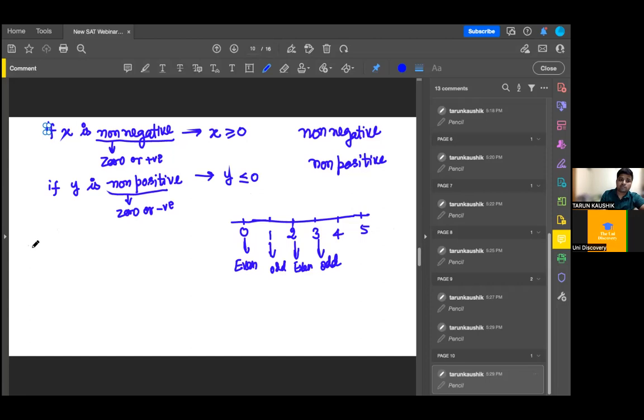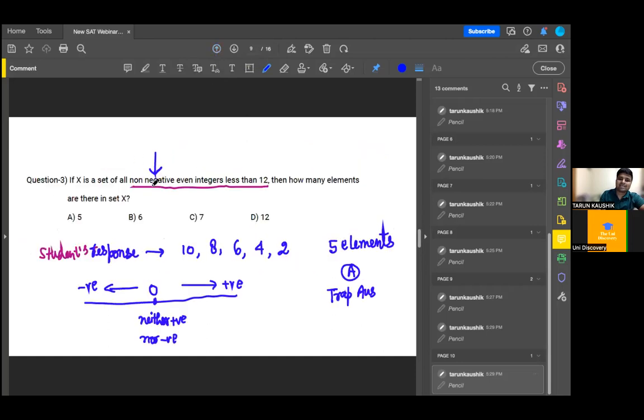So the point in this question is to remember the properties of 0: 0 is neither positive nor negative, but it is even. Now if we go back to the question and see the language, it says non-negative. The moment I see the word non-negative, I have to think about 0.